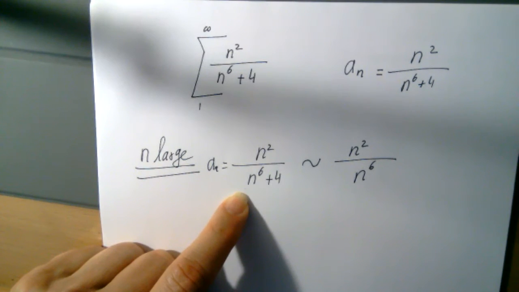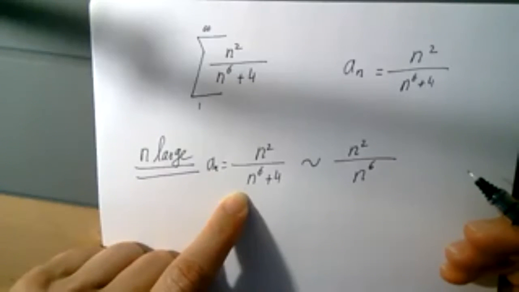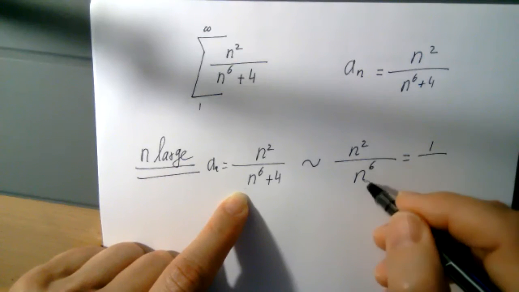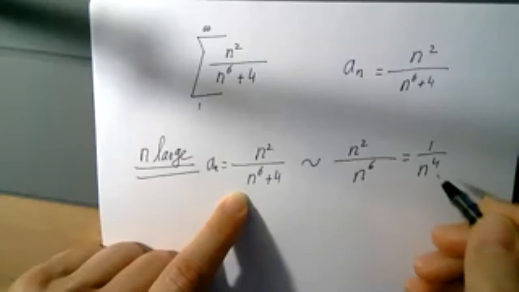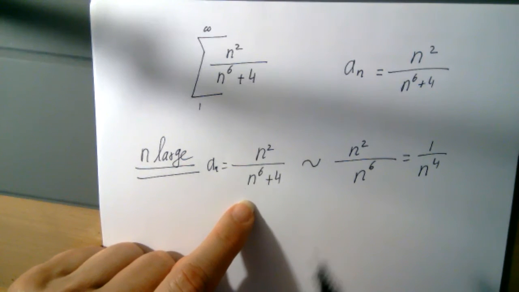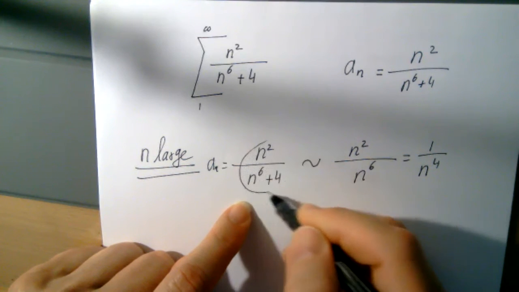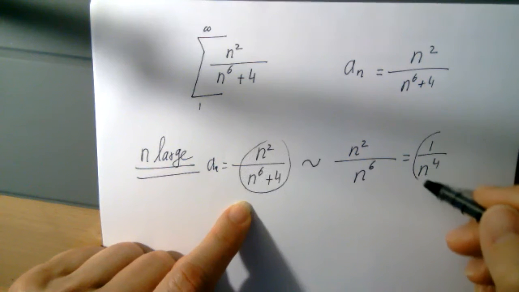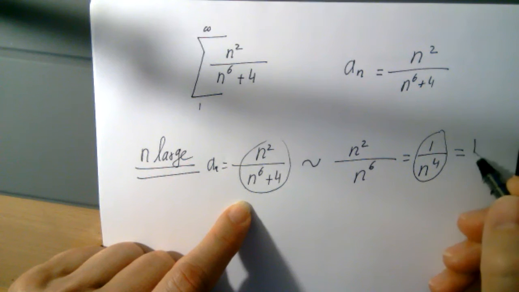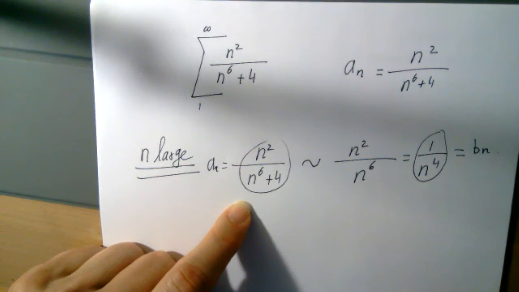Does this make sense? Yep. Which is equal to 1 over, n squared over n to the 6, 1 over n to the power 4. It means when n is very large, those numbers are almost equal to those numbers. That's really what I am telling you. And I'm going to call this bn.